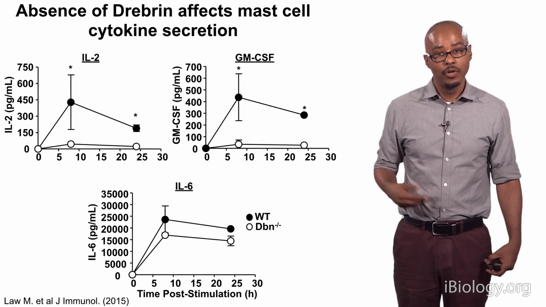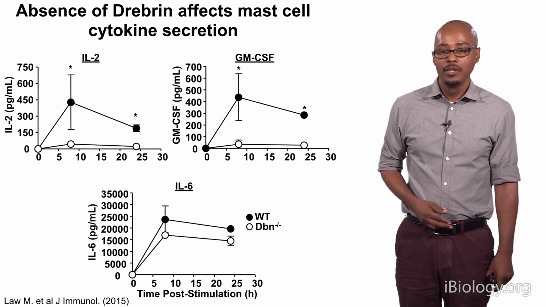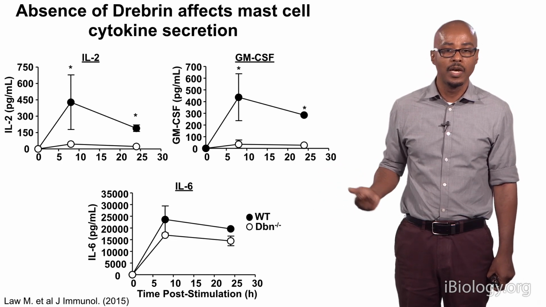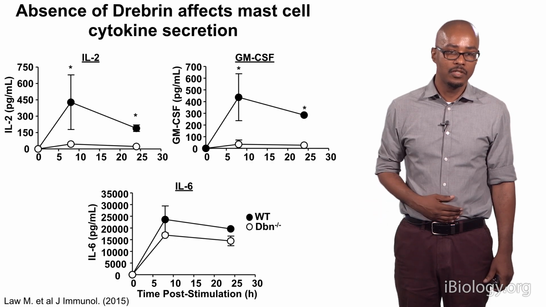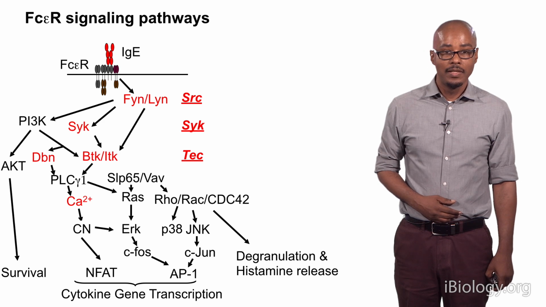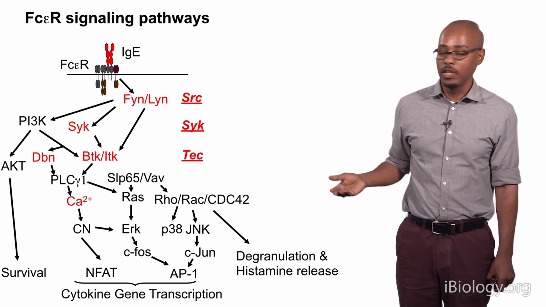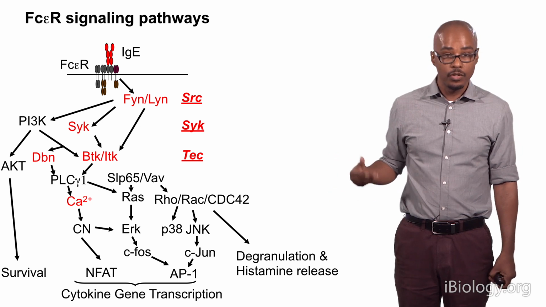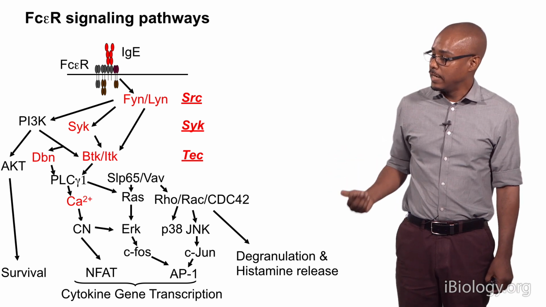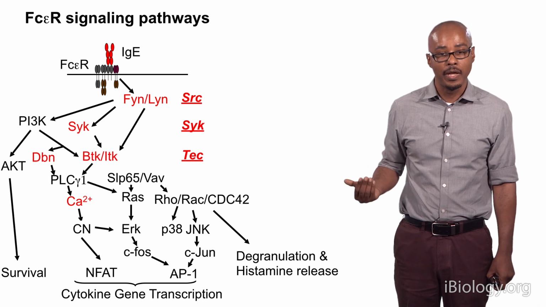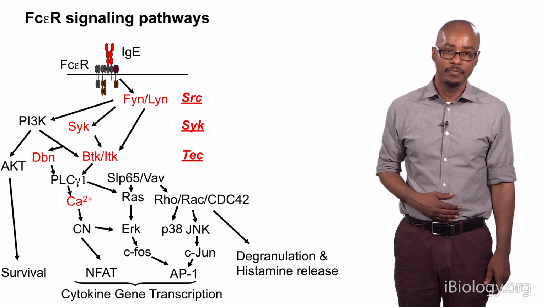By contrast, if we look at IL-6 on the bottom graph, which is not a calcium-dependent cytokine, you can see that there's very little difference between the wild-type cells and the Drebrin-deficient cells in cytokine production. So these experiments show that Drebrin plays a critical role in regulating both calcium signaling leading to degranulation, but also calcium signaling leading to cytokine production, and only those cytokines that are calcium dependent are affected by the absence of Drebrin.